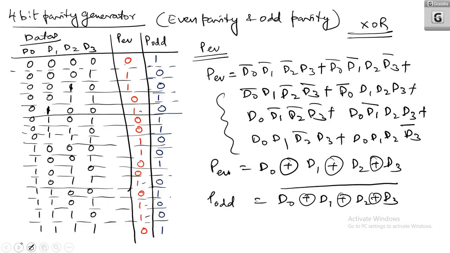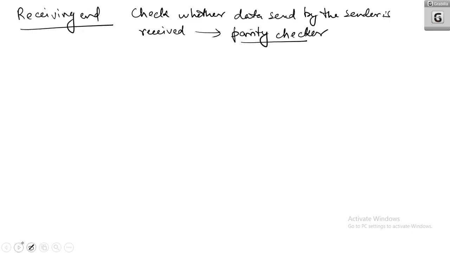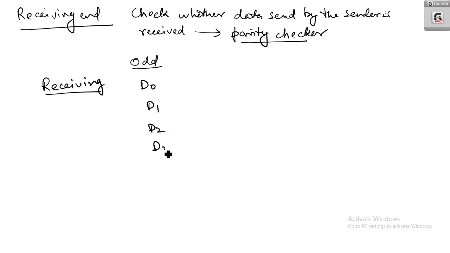Okay. Now how will you check for this parity? That is a question. So while coming to the receiving side, if it is odd parity, what you have is D0, D1, D2, D3 and the odd parity bit. And if it is even parity, what you have is D0, D1, D2, D3 and the even parity bit.